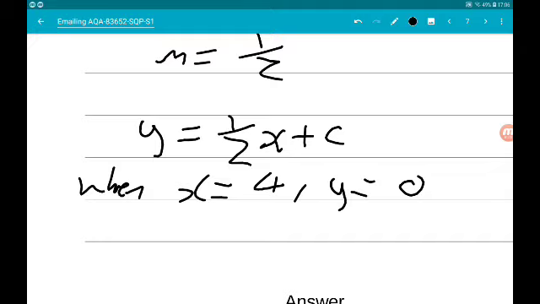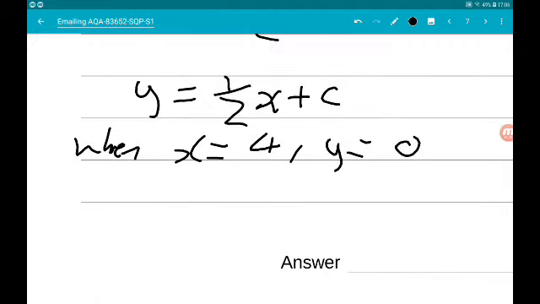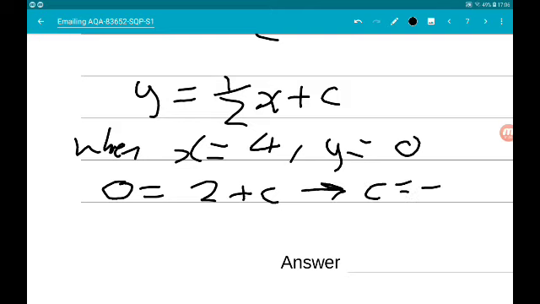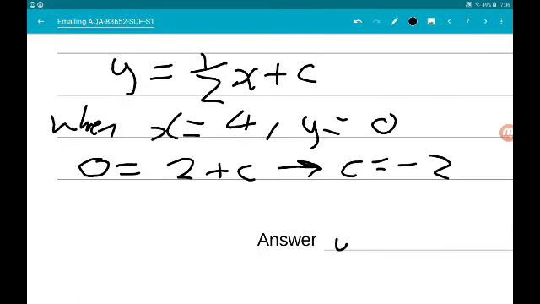If we substitute those values into our equation above, we get 0 is equal to 1/2 times 4, which is 2, add c. So c is equal to minus 2. The equation of our line is y equals 1/2 x minus 2. Cool.